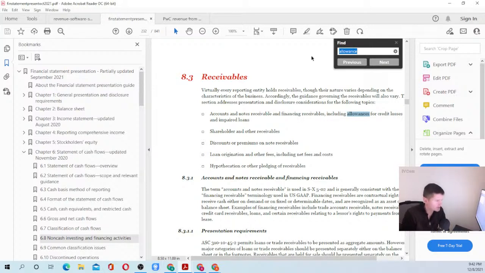What we need to figure out in the guidance is whether we include allowance in the change in trade and other receivables, or if we reflect it in the non-cash items.